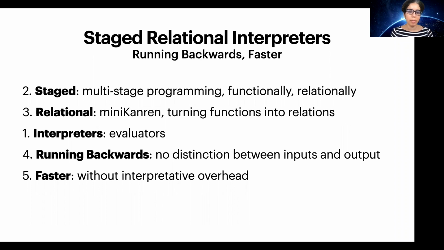And then running backwards means no distinctions between inputs and outputs. So for example, we can generate quines from a relational interpreter. And faster without interpretive overhead, we get rid of that through turning interpreters into compilers.